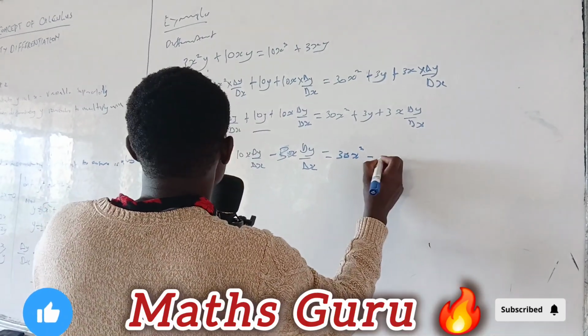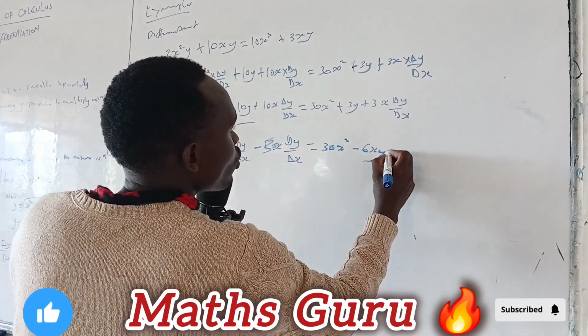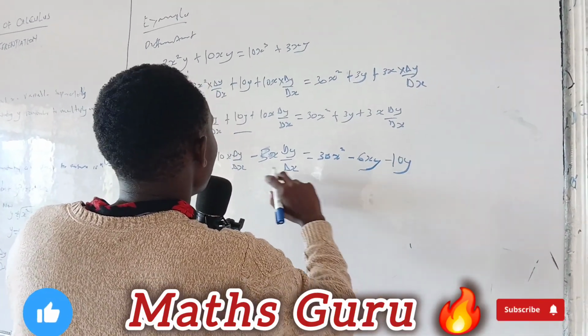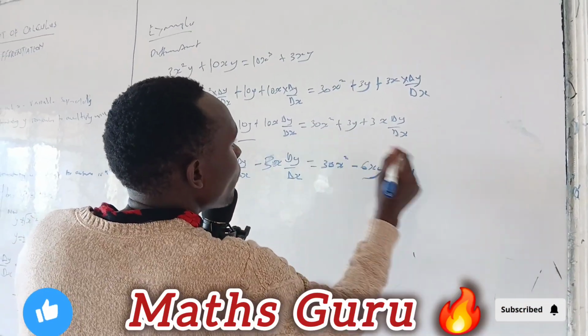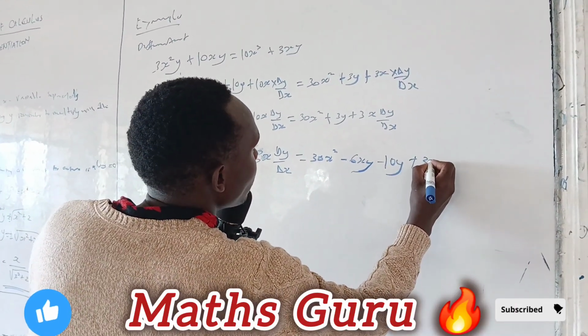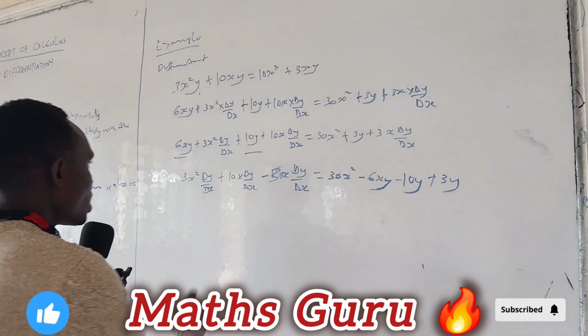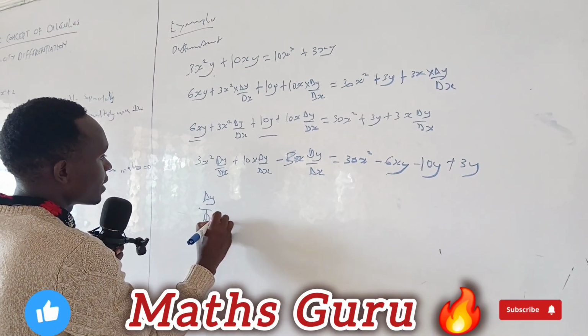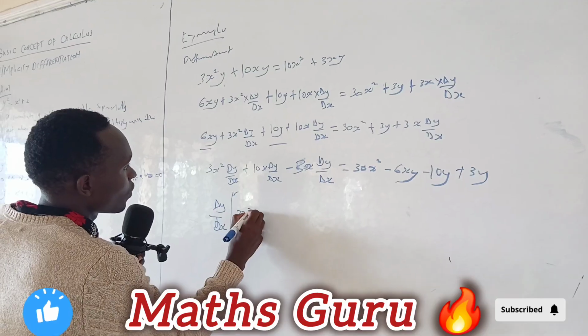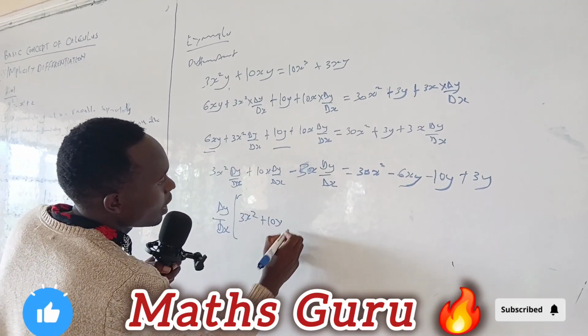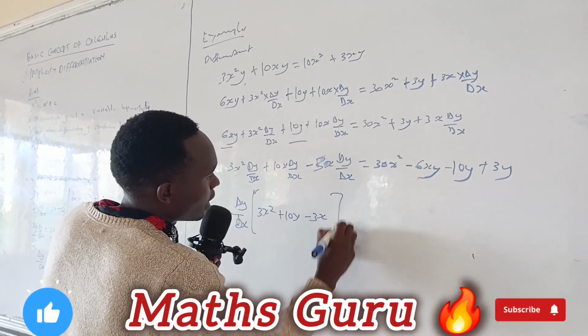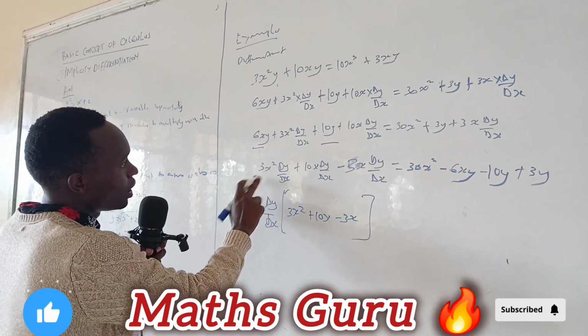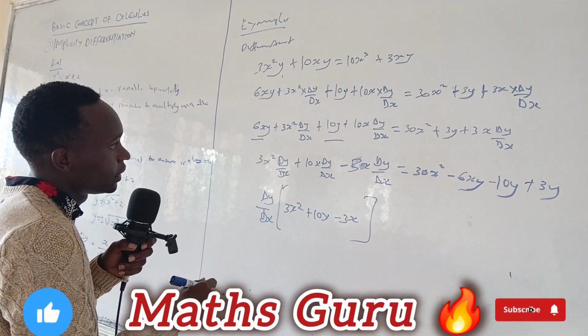Now minus 6xy, so minus 10y, then plus 3y. So I'm going to factor out change in y over change in x into 3x squared plus 10x, then minus 3x, such that when I open up I get this one, 3x change in y over change in x.